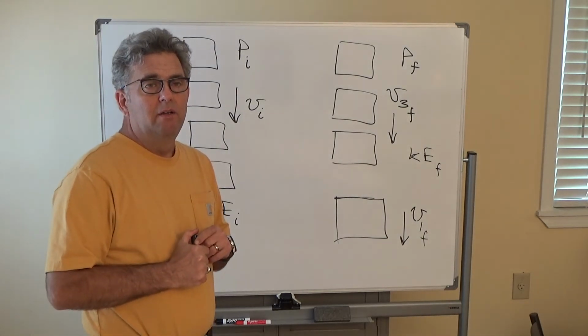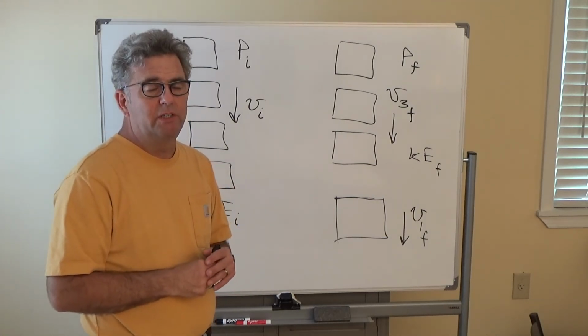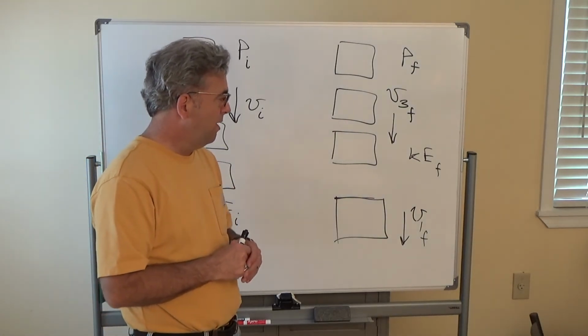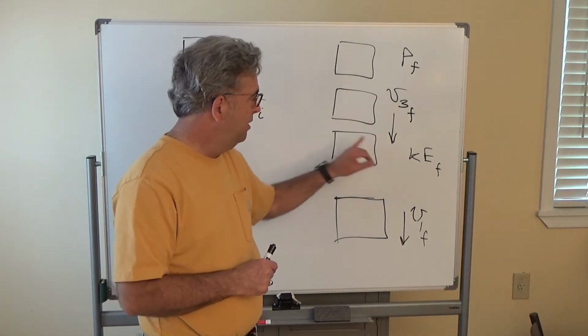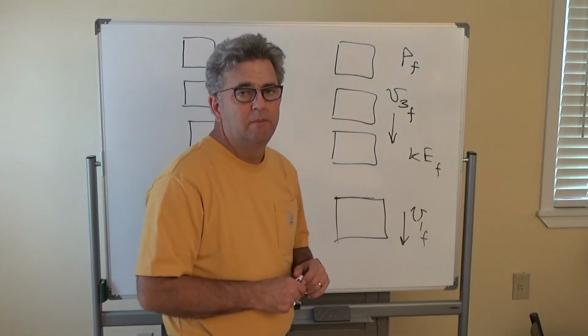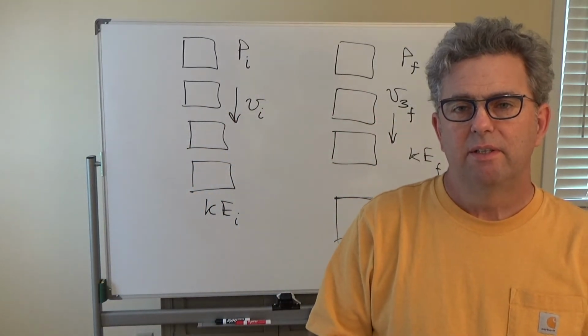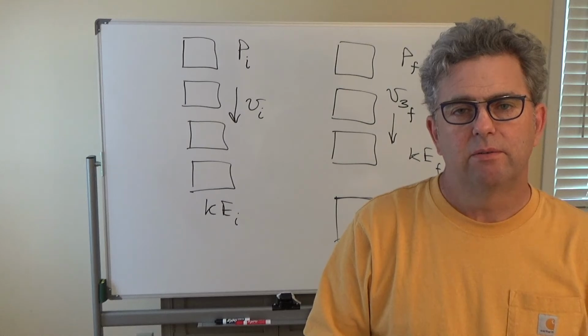Okay? That person lost that much energy. So that's what they're asking. If you look at the difference between these two, that's going to be the change in the potential energy of the actor or whoever he is.